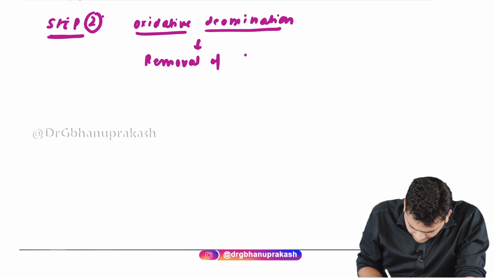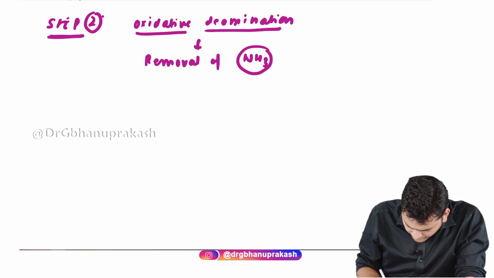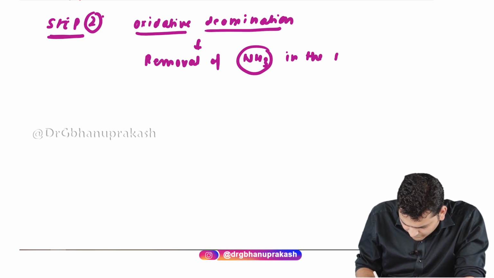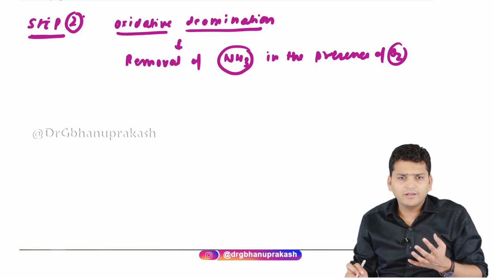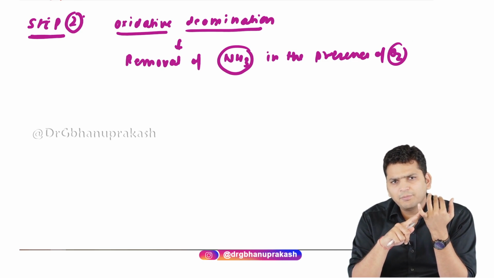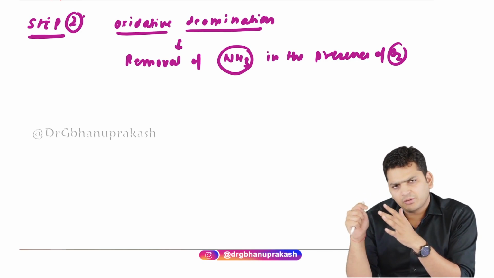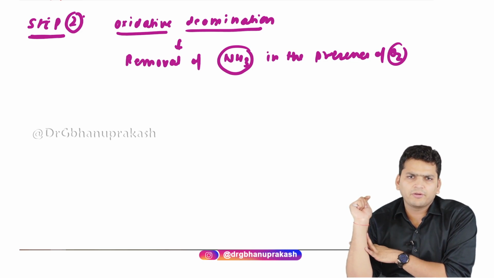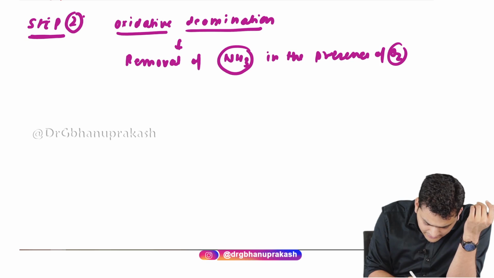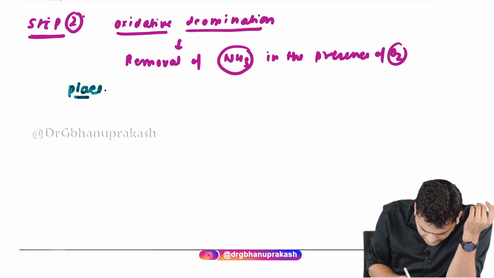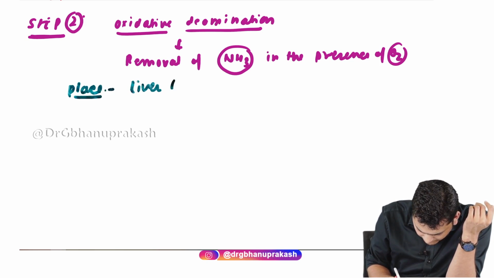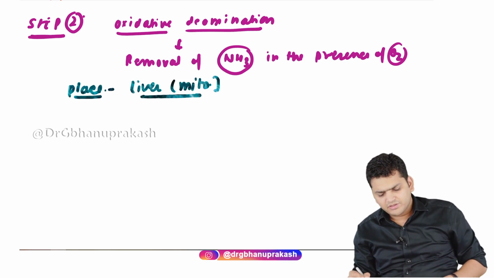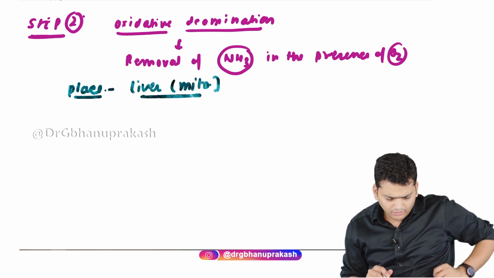We know that oxidative deamination occurs in the hepatocyte, but if they ask where in the hepatocyte, is it in the cytoplasm or the mitochondria? It occurs in the mitochondria. So the place is liver mitochondria.